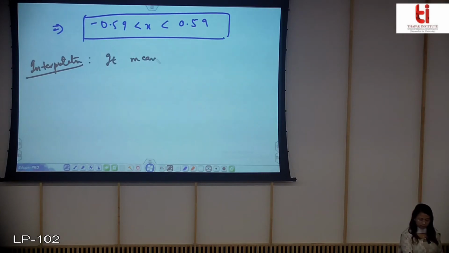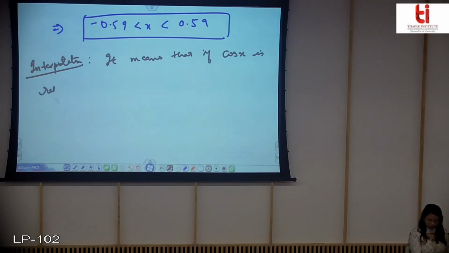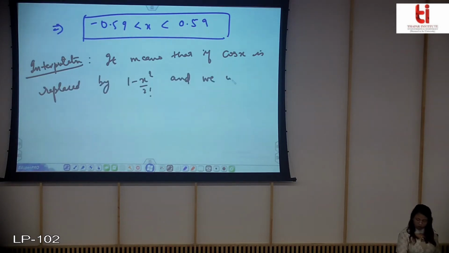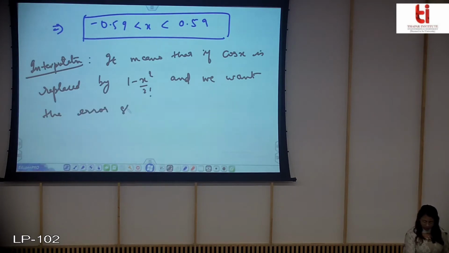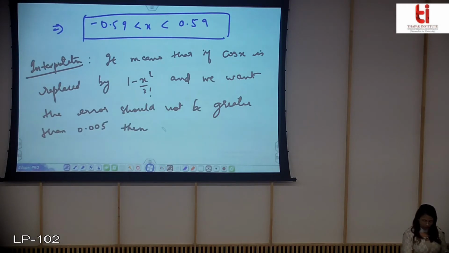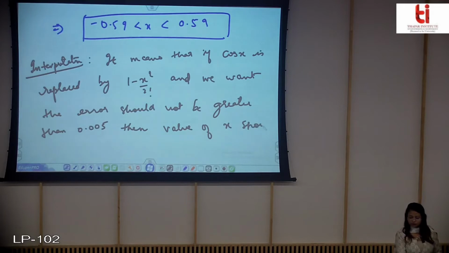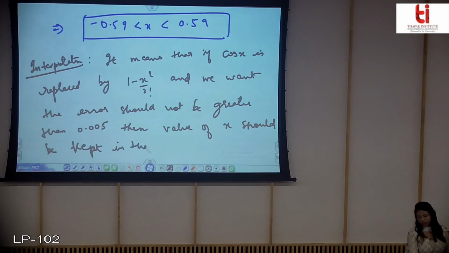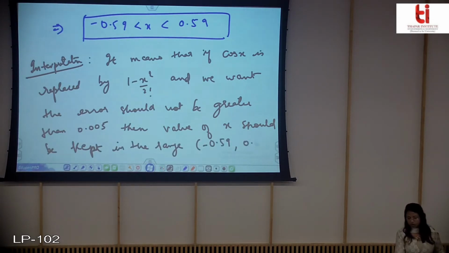It means that if cos of x is replaced by these two terms and we want the error should not be greater than 0.005, then the value of x should be kept in the range minus 0.59 to 0.59.